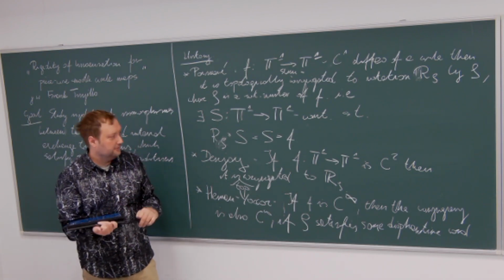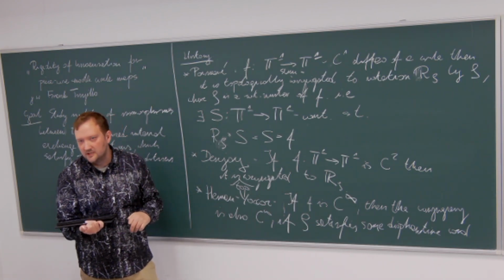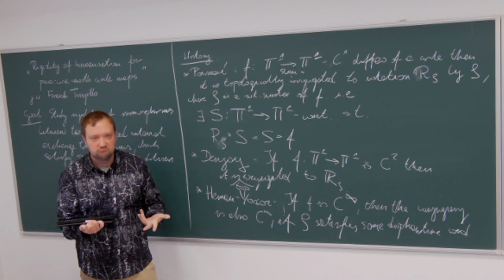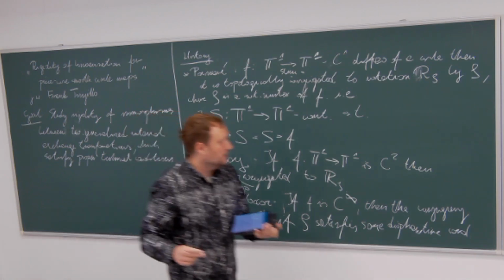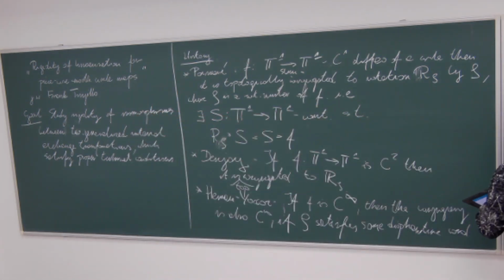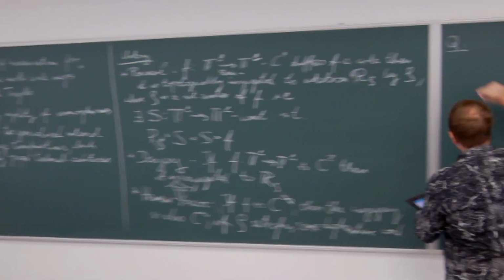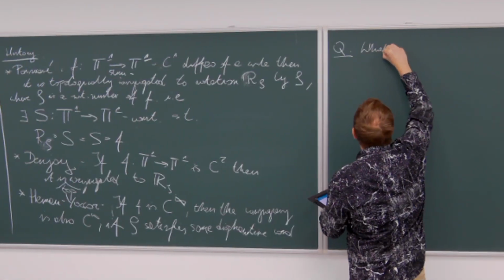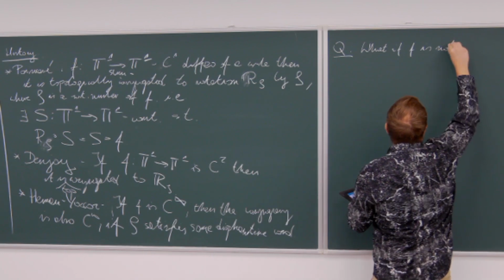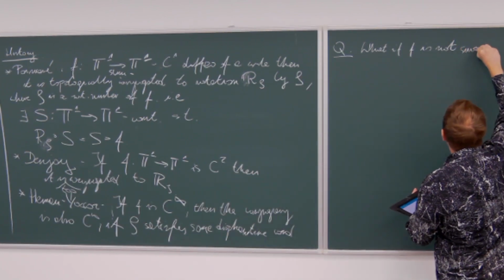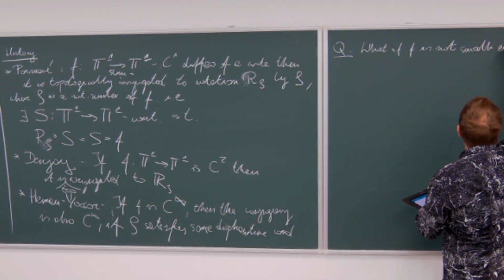So what if f is not that smooth? So we can break smoothness, okay, a little bit. We can break smoothness in two ways. So the question: what if f is not smooth everywhere?